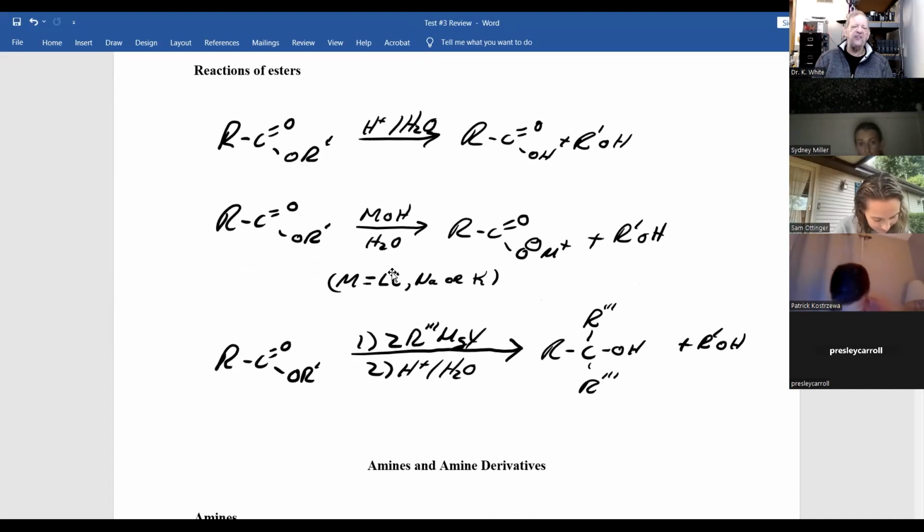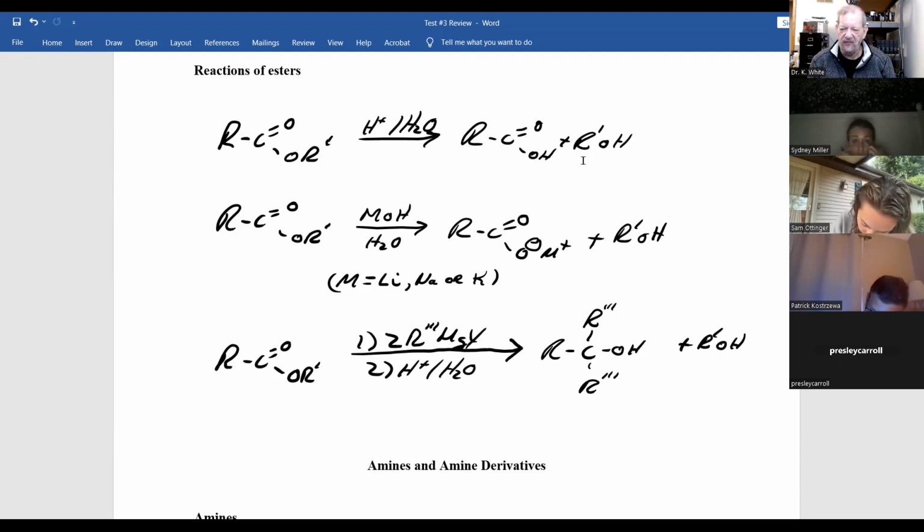Now, what are reactions of esters? If you take an ester, react it with acid and water, you'll get back the carboxylic acid plus the alcohol you would have used to make that ester. And later on, we're going to be talking about this reaction because right now where you're sitting, where can you find acid and water?